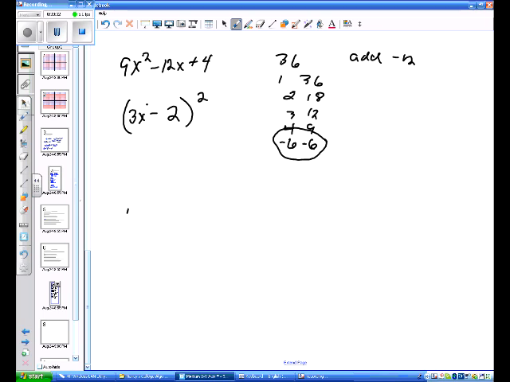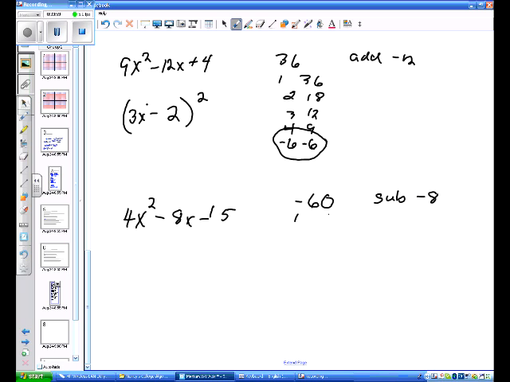One more that we want to look at, 4x squared minus 8x minus 15. There's no common factor. We have a coefficient that's not 1, so 4 times 15 is 60. It's a negative 60. We want factors that multiply to be 60 and subtract to be negative 8.